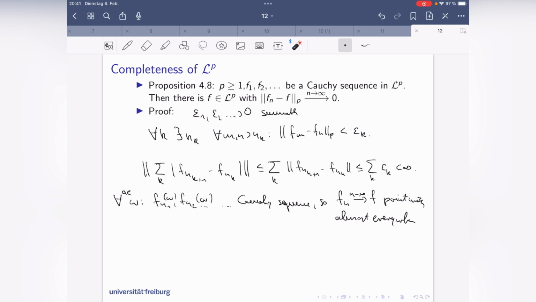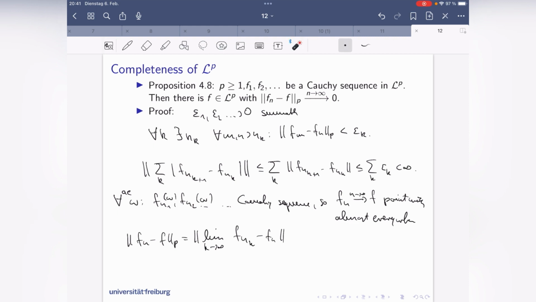And now we only need to apply the lemma of Fatou once. We want to have something like LP convergence, because that's what we want to prove. Let's write it like this. That's the limit k to infinity of fnk minus fn.